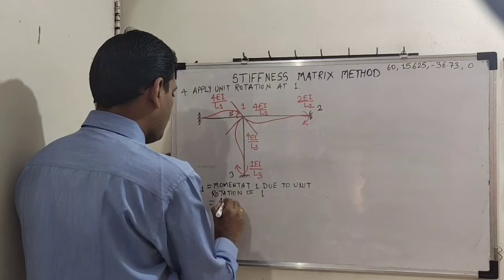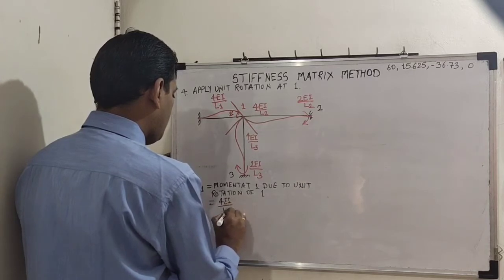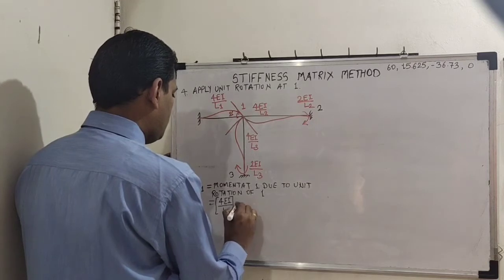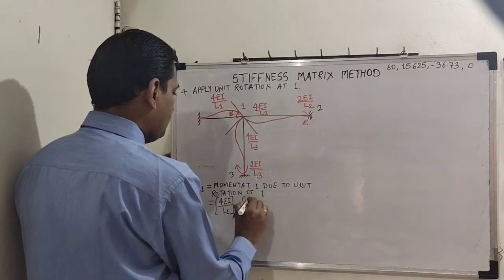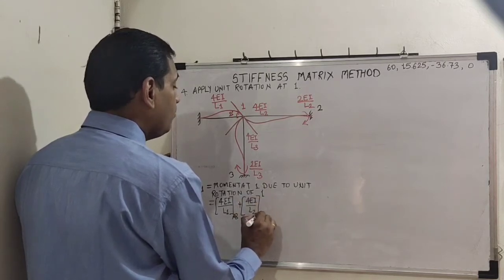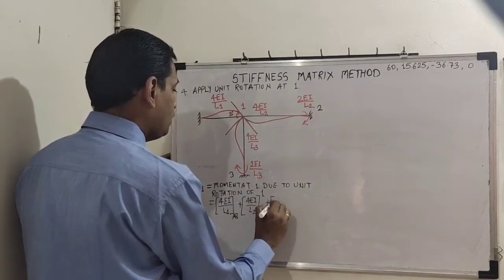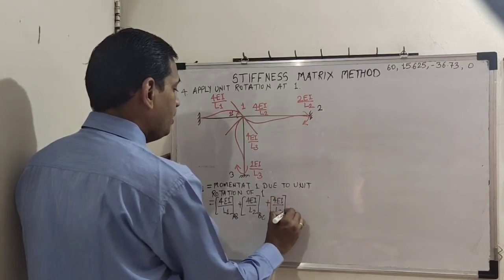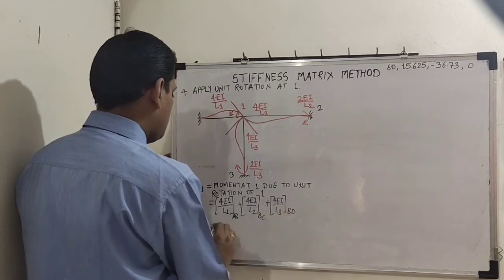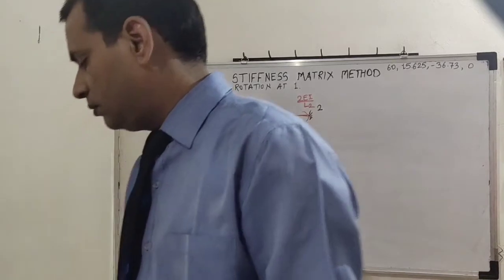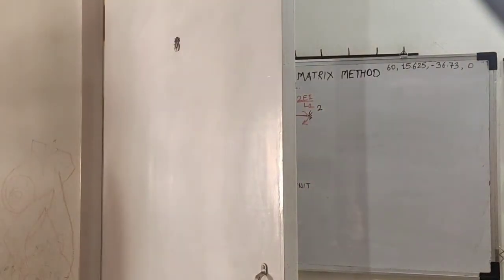So let us write down one by one. 4EI by L1 for AB plus 4EI by L2. It will be for span BC, yes, and third is 4EI by L3. It will be for span BD. So what is L1?